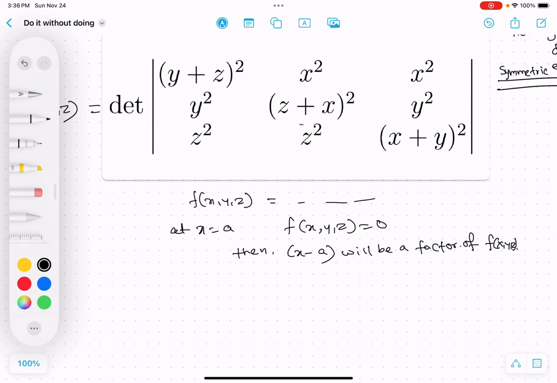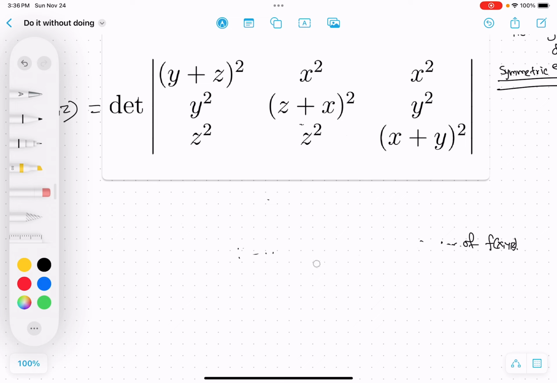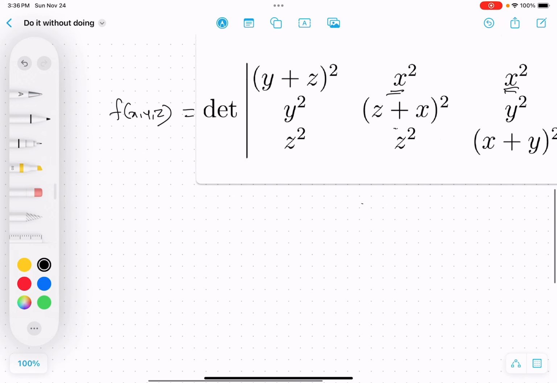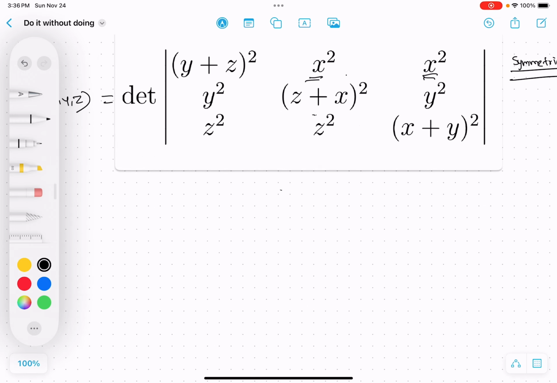And guys, if you know that, now definitely what we can try over here is, since these x squares are freely roaming in the determinant, of course you might want to substitute x as 0 and see if the whole determinant, this whole function, becomes 0, right? Because they are free, that can be an obvious choice. So let's do that.